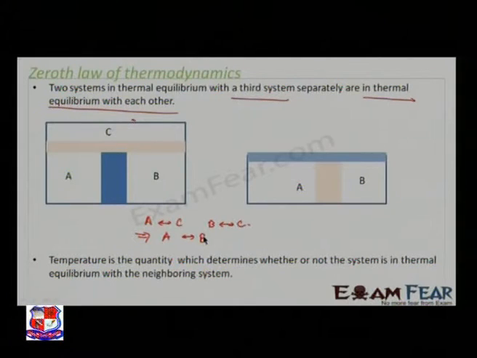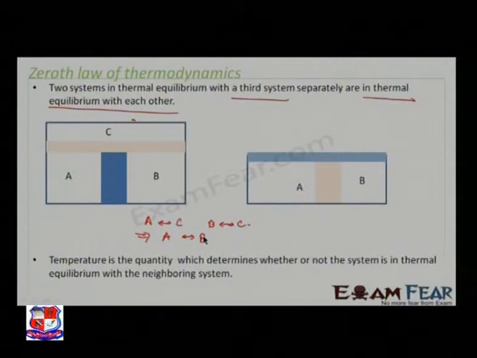The zeroth law told us that if two systems are in thermal equilibrium with a third system, then these two systems are in thermal equilibrium with each other. So from the zeroth law, it was suggested that there should be a physical quantity which has the same value when two systems are in thermal equilibrium. This physical quantity was defined as temperature.